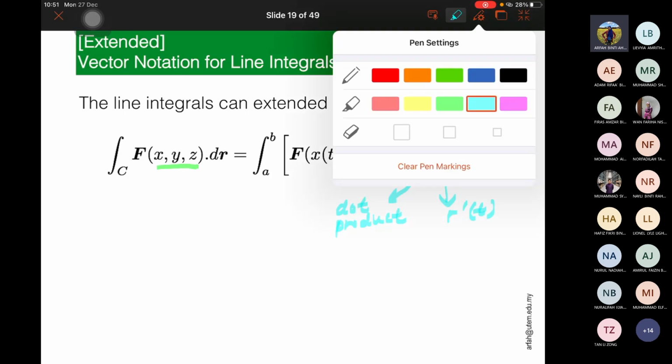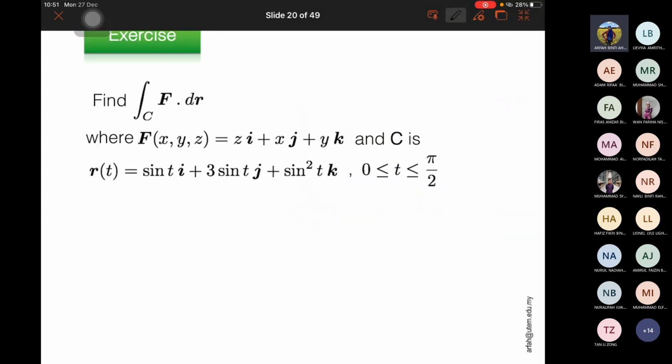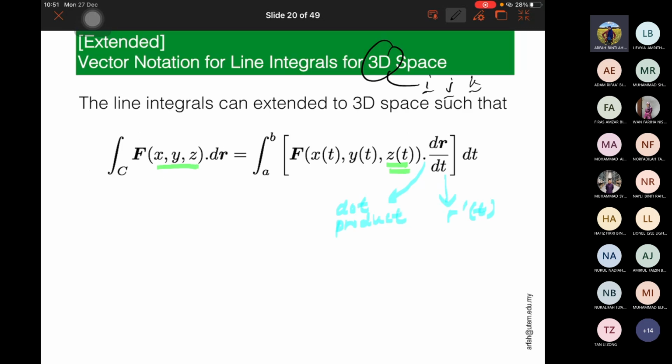So vektor r awak akan jadi, okay, so sebelum ni your vector r(t) equal to x(t) i plus y(t) j plus z(t) k.